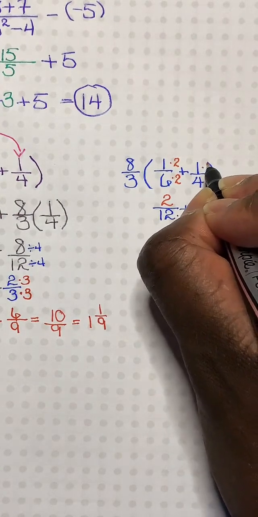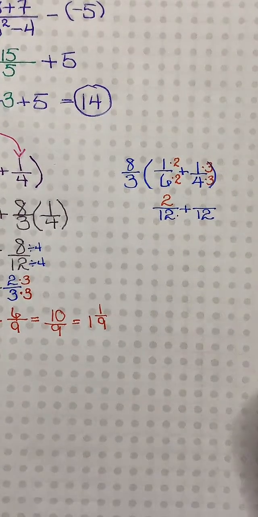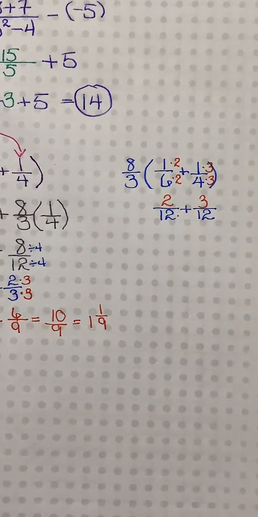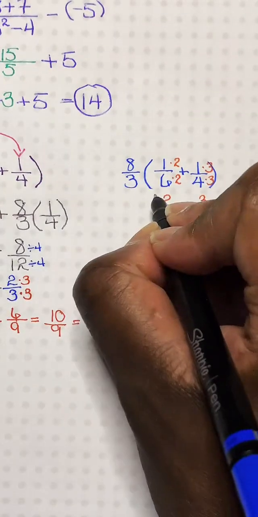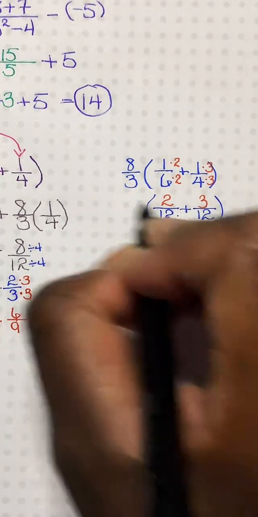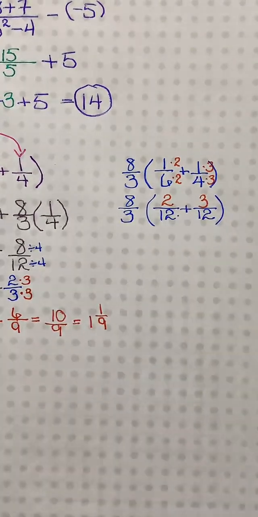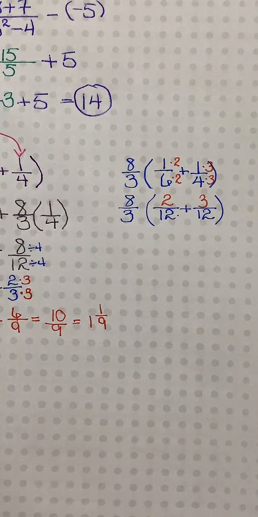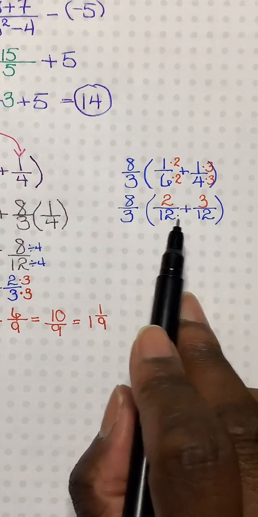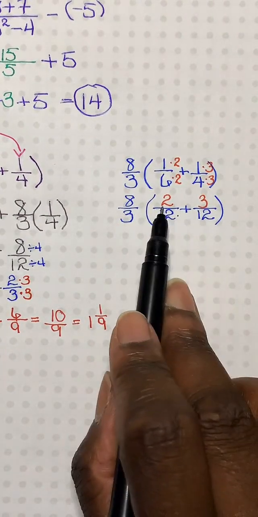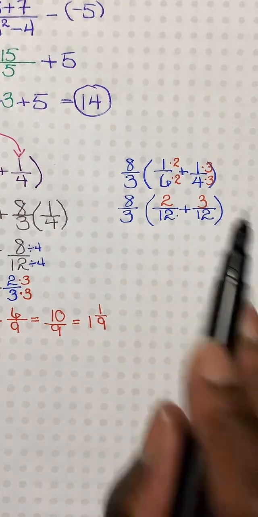Whatever I do in the denominator, I have to do in the numerator. 3 times 1 gives me 3. All this is happening inside this parenthesis. Okay. Now that I have a common denominator, now I can add or combine my numerator.